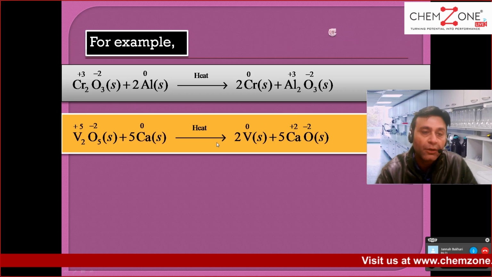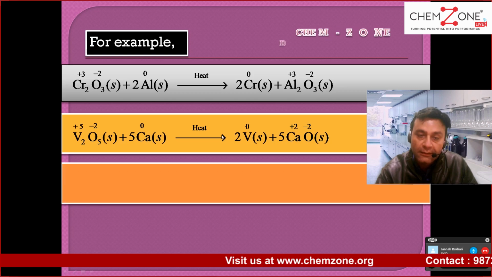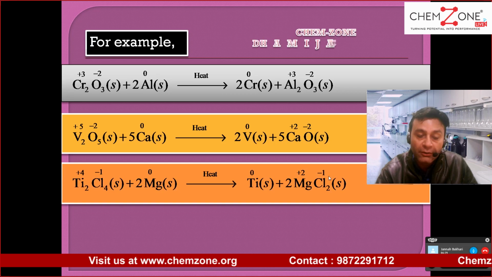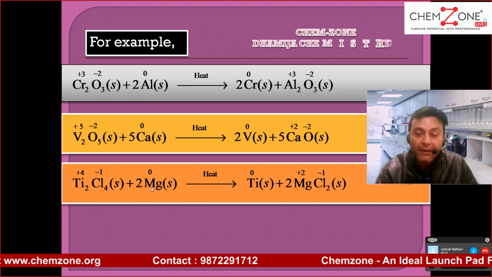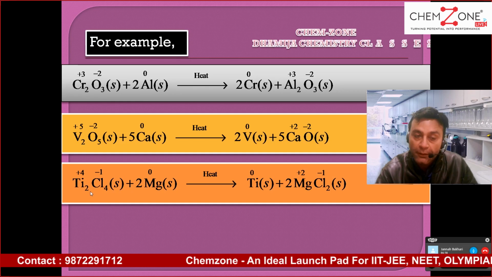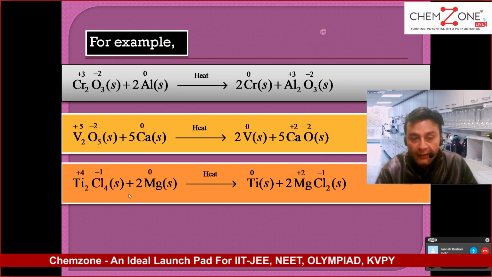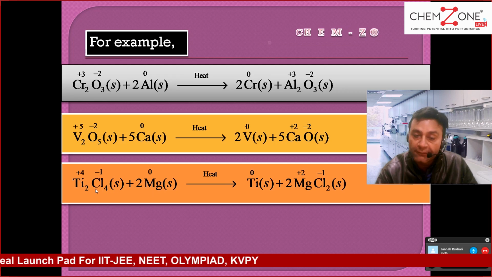Such reactions are called displacement reactions. Similarly, we can give one more example here. Titanium chloride is treated with magnesium, and magnesium is more reactive as compared to titanium. So basically, the more reactive element displaces the less reactive element.